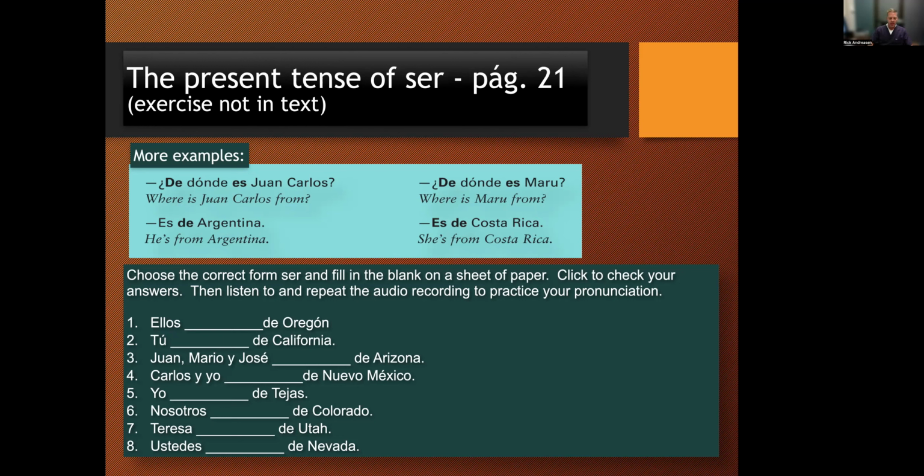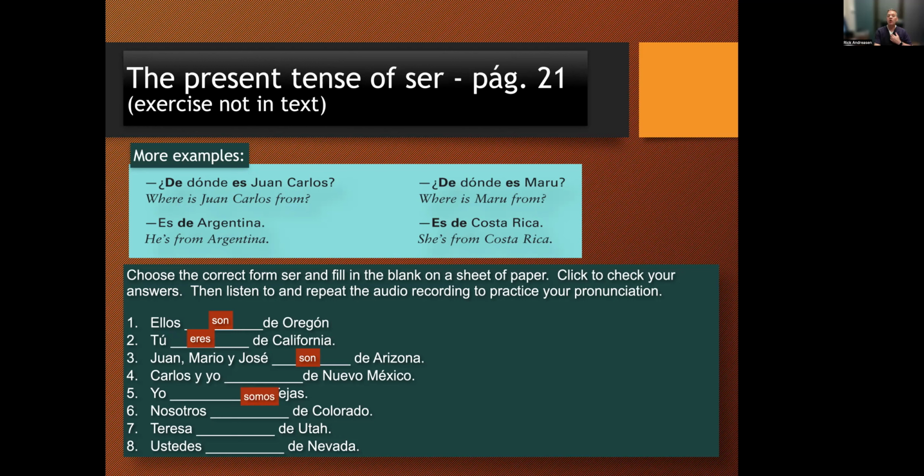Número 1. Ellos son de Oregón. Okay? Hope you understood that. Ellos, third person plural, son de Oregón. Tú eres de California. Número 3. Juan, Mario y José son de Arizona. Número 4. Carlos y yo, so now I'm including myself, right?